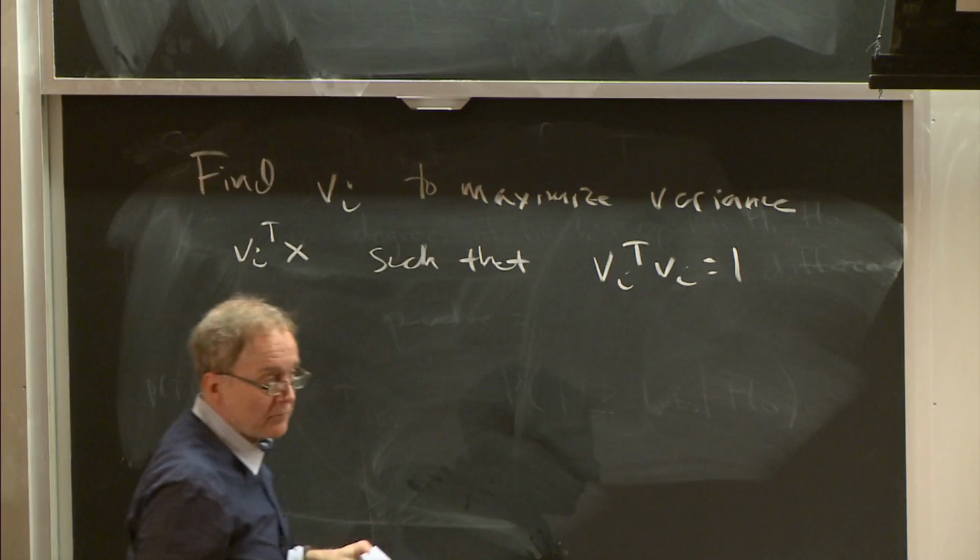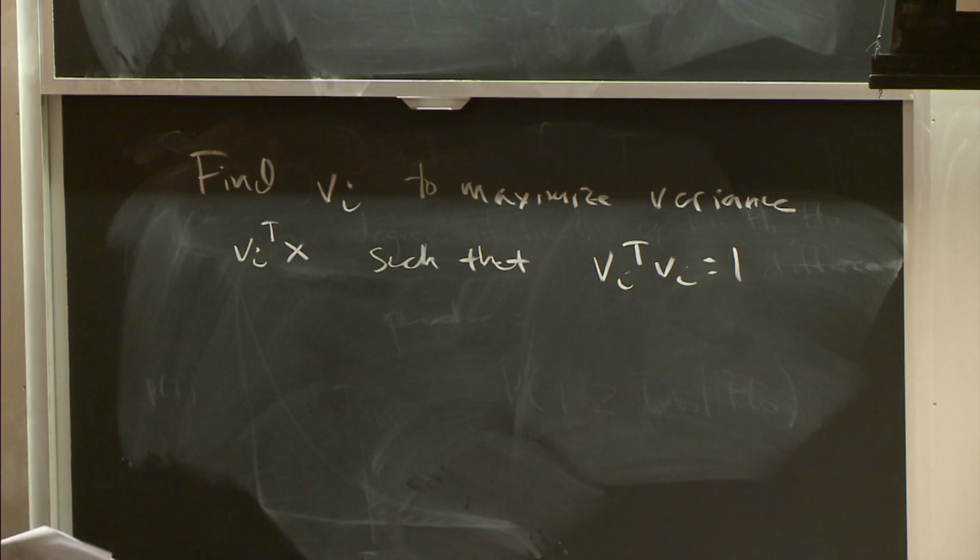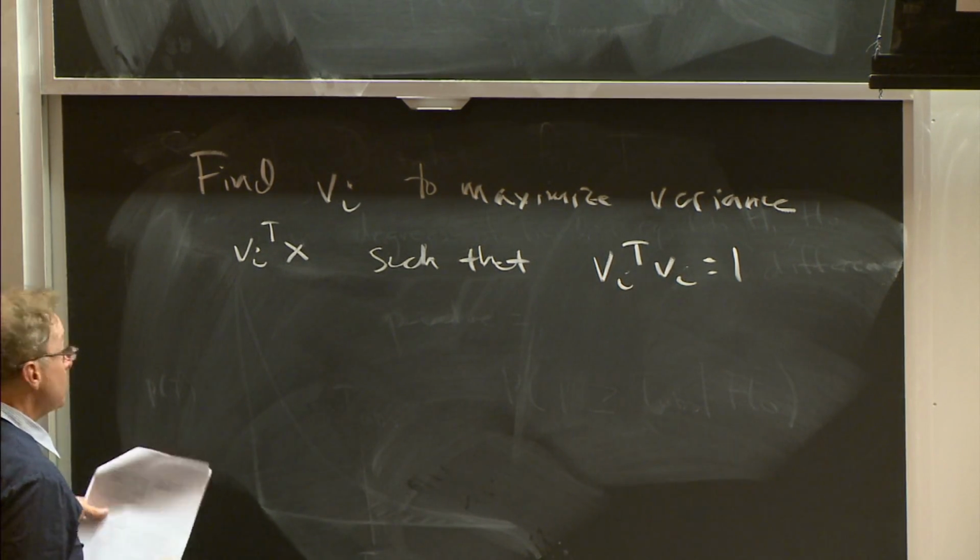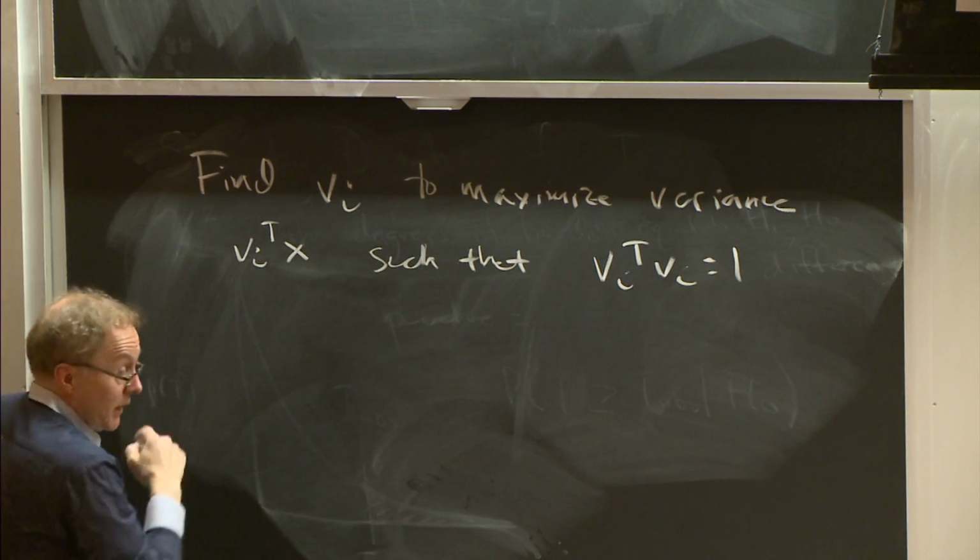In other words, they're unit length vectors. So these are going to be called the eigenvectors.